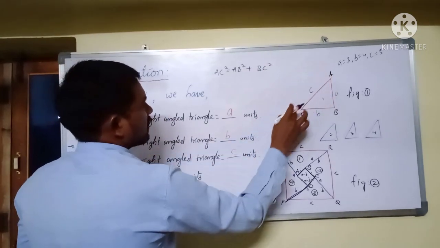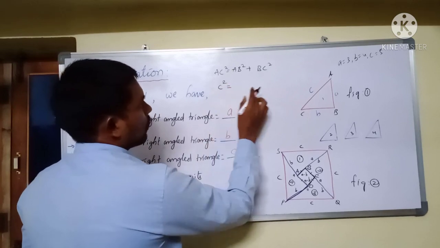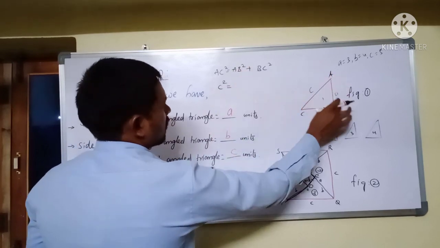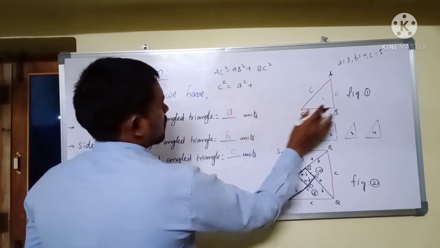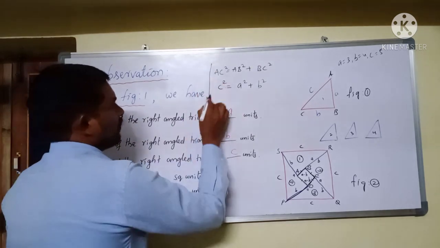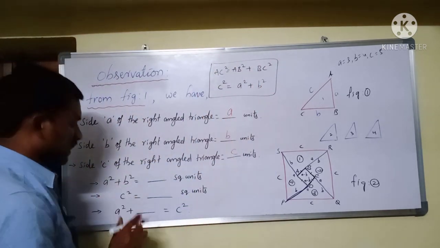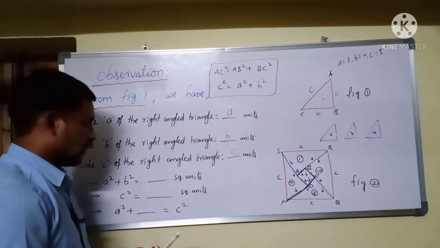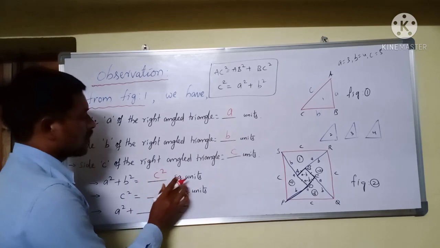So AC square, that means C square, is equal to AB square, that means A square, plus BC square, meaning B square. So from this what we can write? A square plus B square is equal to C square square units.